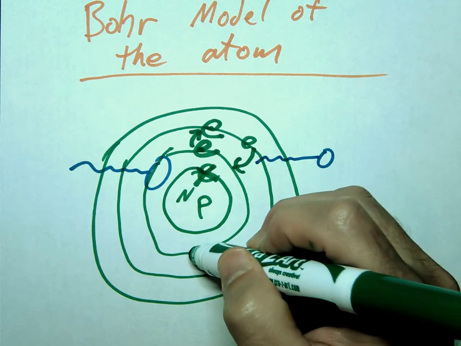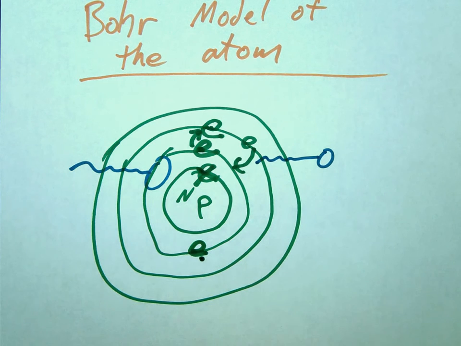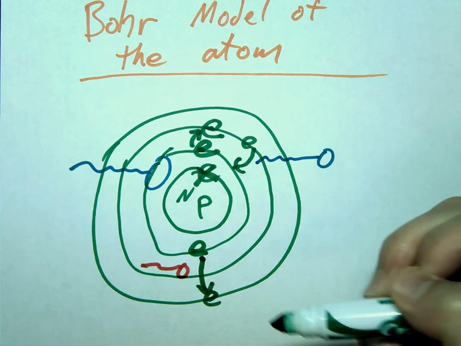Another example would be, let's say our electron's down here in the bottom state. Let's say it absorbs another photon that comes in. That electron gets kicked up to a higher state.